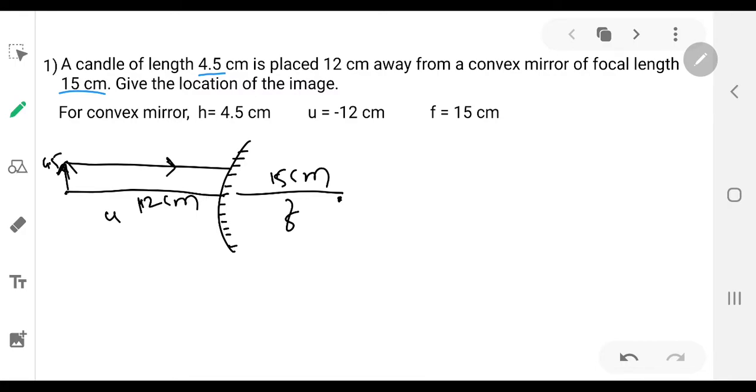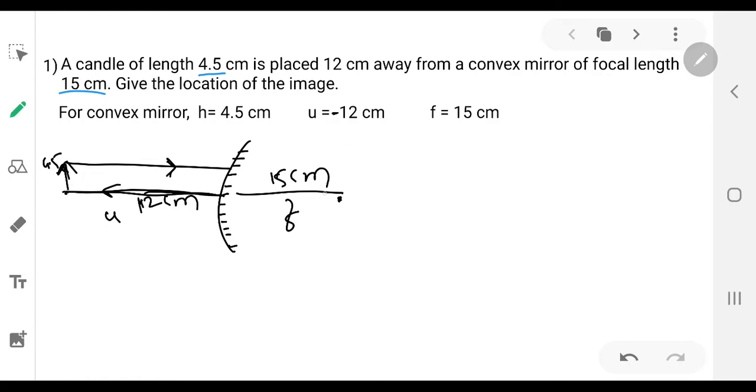This is the direction of the incident light, towards the right. According to the sign convention, distances are always measured from the pole of the mirror. So from the pole of the mirror to the object, the direction of measurement is towards the left. As both are opposite, the object distance is taken negative, minus 12.